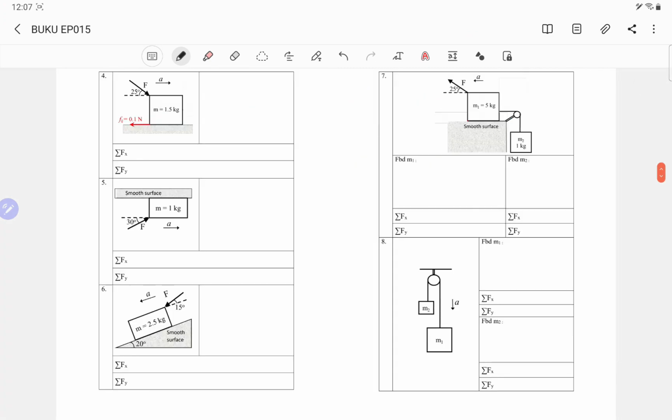Okay, so the rest, number 4 until number 8, are your homework. You need to complete homework 4 to 8.